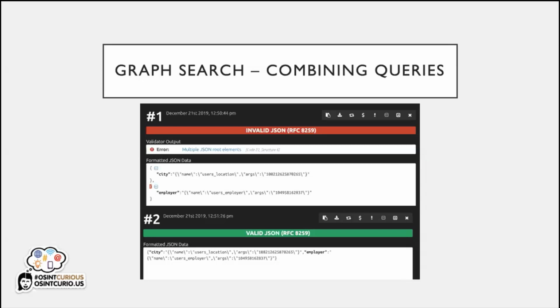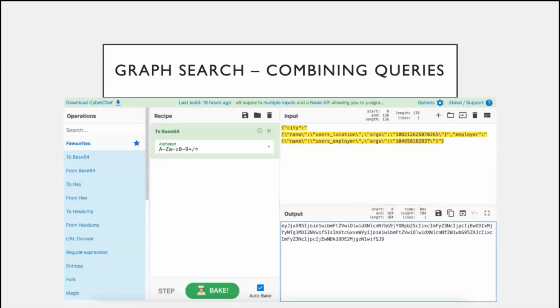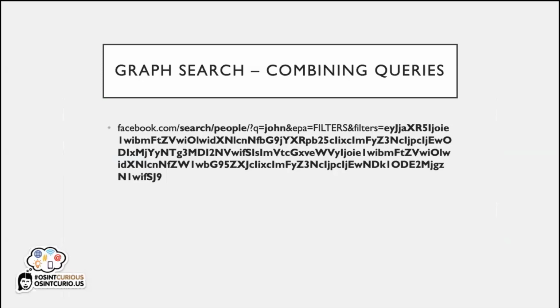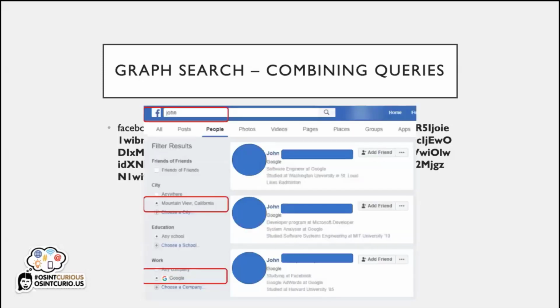Then you take that JSON that now works back to CyberChef or any of the other base64 translators, switch it to base64, and paste it in there, and now we've got our base64 all baked. Copy that, put it at the end of our basic URL that we created earlier with people and John, and now we're going to find people named John who live in Mountain View, California, and work at Google. Yes.